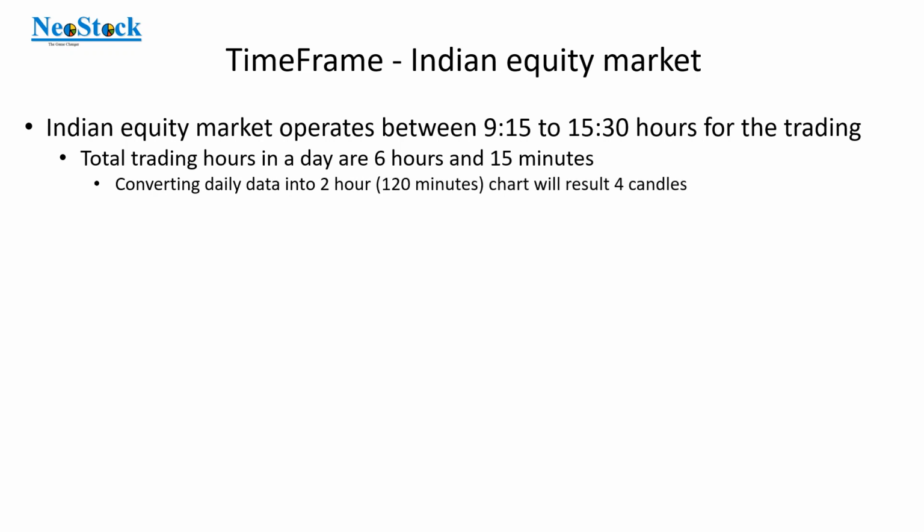Converting daily data into 2-hour data. What is daily data? Morning 9:15 to afternoon 3:30 p.m. Whatever the trading day is, that total number of hours is daily data. And if you want to convert the daily data into hour-wise data, say 2 hours, which means 120 minutes, then your chart will have 4 new candles every day.